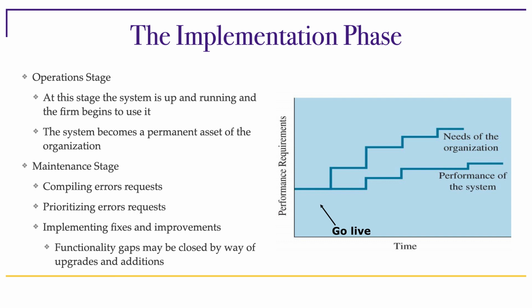One thing that people don't think about that you need to be aware of is represented by this simple picture on the right. You'll remember that we said from the very beginning that organizations are unique and are also not static. Organizations evolve over time. So at Go Live, the needs of the organization and the performance of the system should be the same, right?